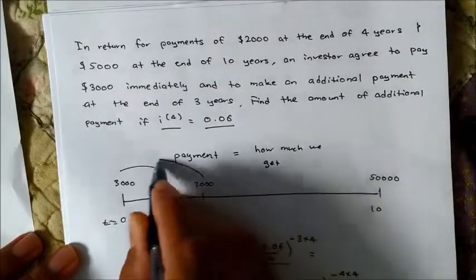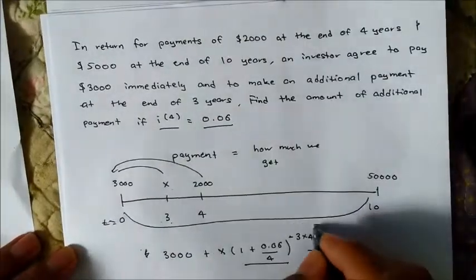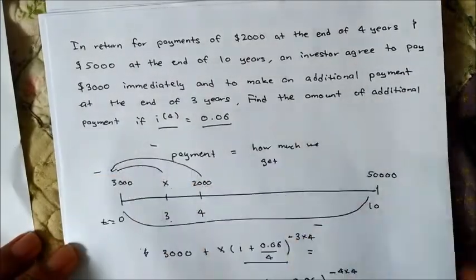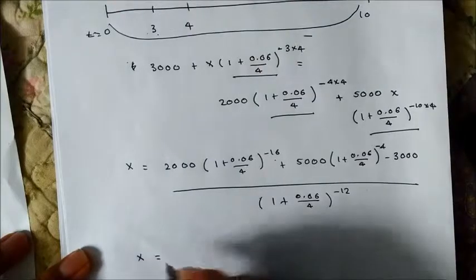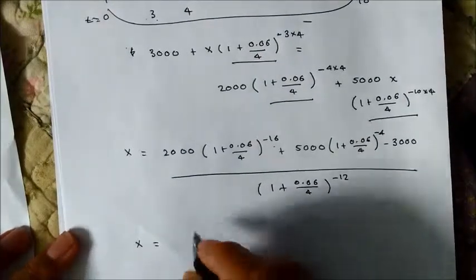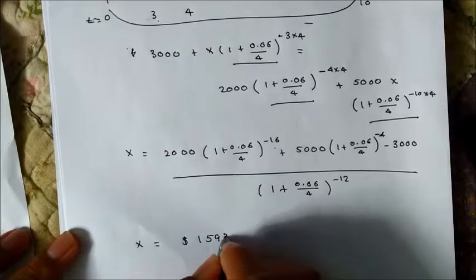So when we bring the timeline forward, the power of t will become negative. Alright, so proceed to here. When doing the calculation, we will get the additional payment, which is $1,593.